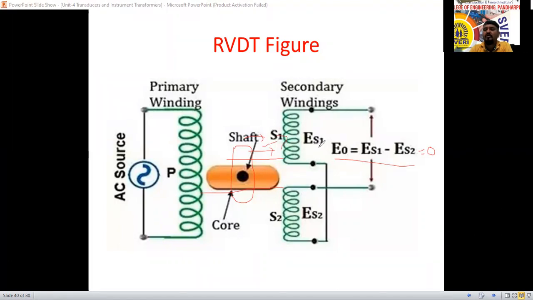During the anti-clockwise direction, the shaft core will come nearer to S2. On that condition, we get a negative output. Like that, here also 3 cases are there. One by one we'll discuss them.